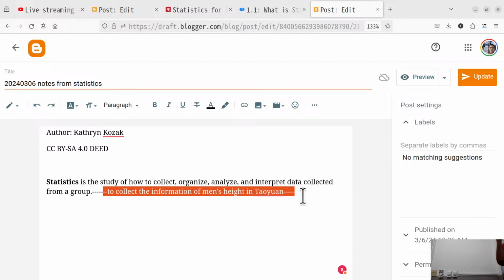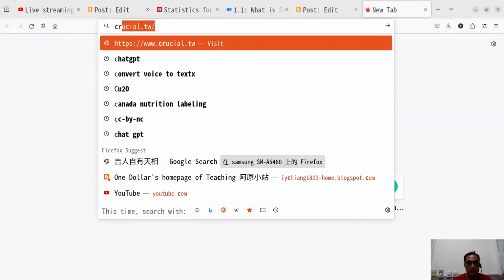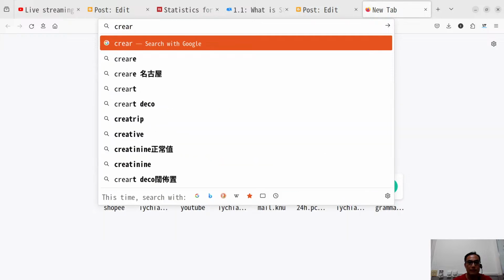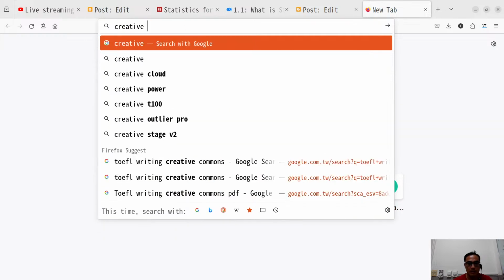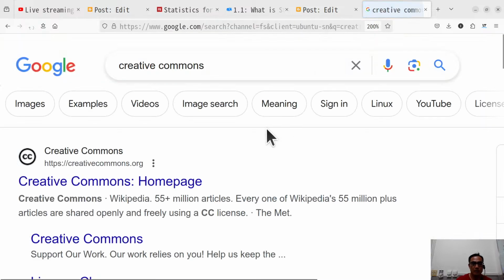Okay, let me switch to a different issue here. You can check the Creative Commons. There are the most famous open licenses, and you can check the Creative Commons here.